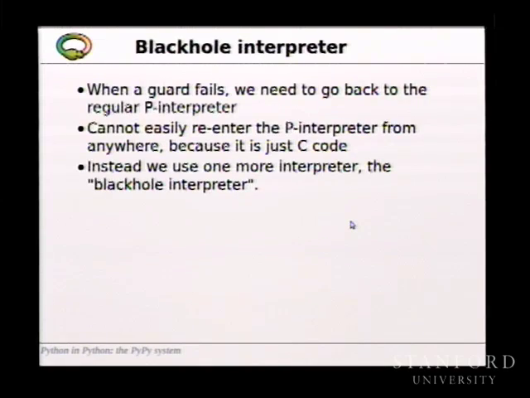So the solution that we took is to use yet another interpreter that we call the blackhole interpreter, for some historical reason. The idea is that you interpret again the JIT code until you reach a state where you can really jump back to the real interpreter.